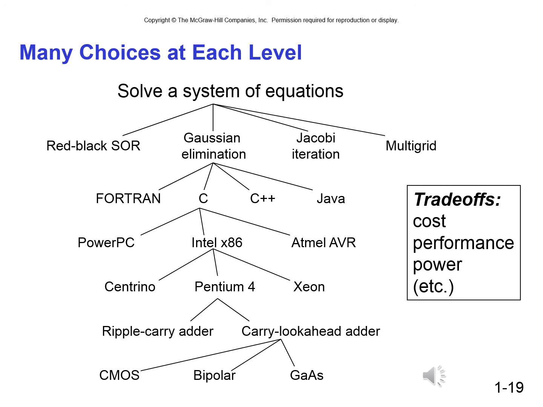I've heard of that, but I'm not familiar with that processor. And they could be implemented as a Centrino processor, a Pentium 4, a Xeon, and then for the circuits, you could use a ripple carry adder, a carry look-ahead adder, right? And they can be implemented with CMOS circuitry, bipolar circuitry, GaAs. These are all the levels of abstraction, from the problem all the way down to the circuit level.